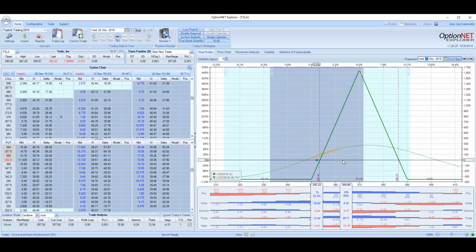Now, if we're going to be right on the direction and Tesla goes up from 350 towards 370, sure, decay is going to help, because think about what's happening here. We have short 370s, right? We're short these calls here. So we are long 350, and if Tesla's going higher, the 350, 370 debit spread is going to increase in value.